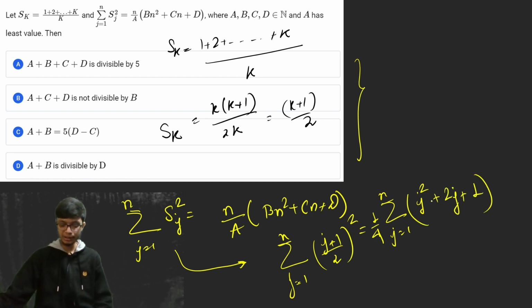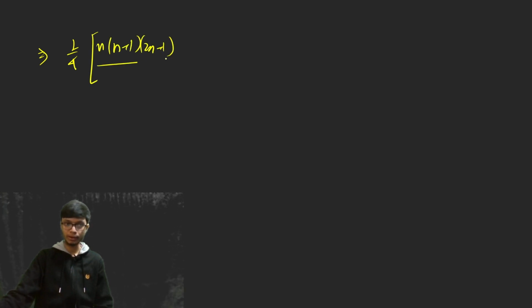Now you can definitely solve this result. If you put the result back by the formulas, the result will be 1 by 4 times of n into n plus 1 into 2n plus 1 divided by 6, plus 2 times of n into n plus 1 by 2.